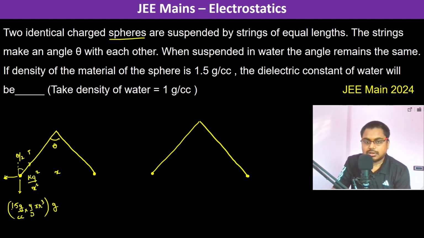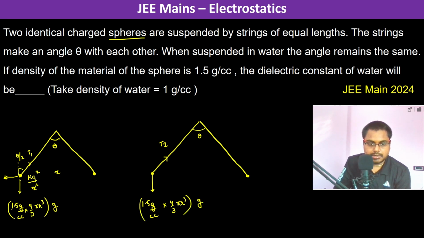Now this is suspended in water and still it remains at theta only. So this is T1, this is T2. Here it's again 1.5 gram per cc into 4 by 3 pi r cube g, but there is also an upthrust, which is 1 gram per cc into 4 by 3 pi r cube into g.